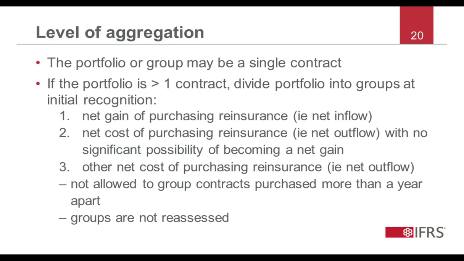Secondly, net cost of purchasing reinsurance, that is a net outflow, at initial recognition with no significant possibility of becoming a net gain. And thirdly, other net costs of purchasing reinsurance, i.e. a net outflow, at initial recognition. An entity is not allowed to group reinsurance contracts held purchased more than 1 year apart and does not reassess the groups established when the contracts are purchased.